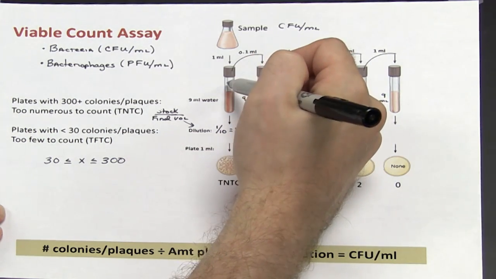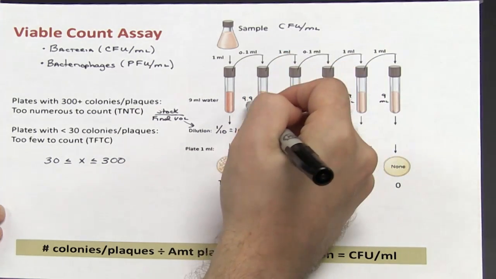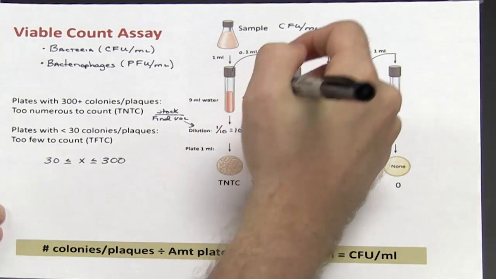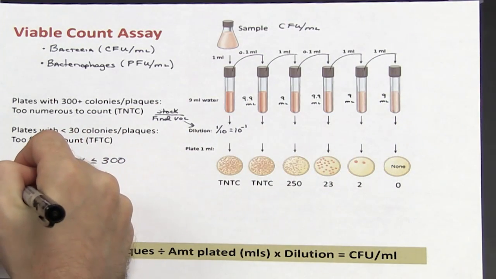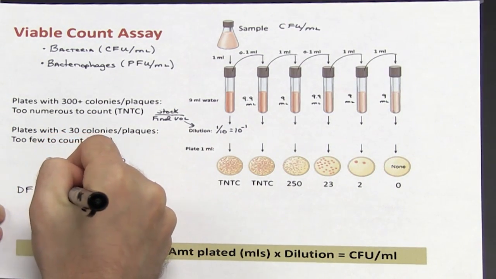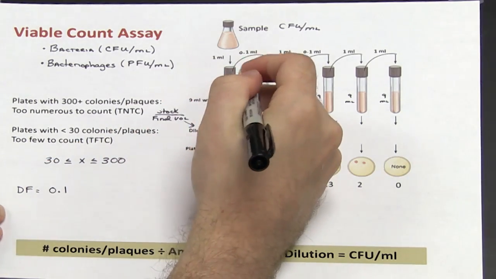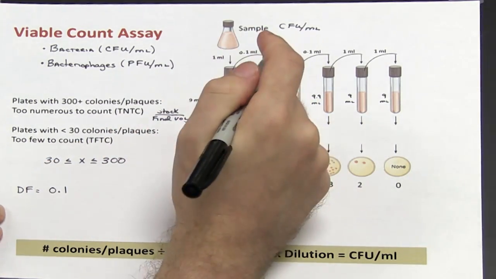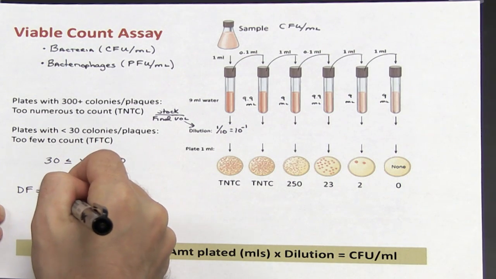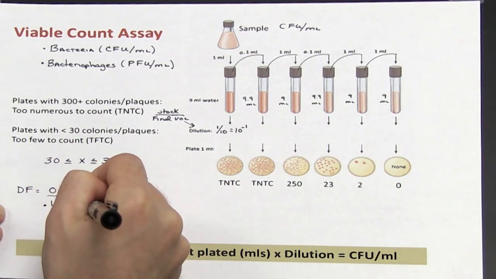0.1 of this has now been added to 9.9 ml. So my dilution, and I'll do that over here, my dilution factor is 0.1 of my stock, in which case it's this test tube here, divided by 0.1 plus 9.9.